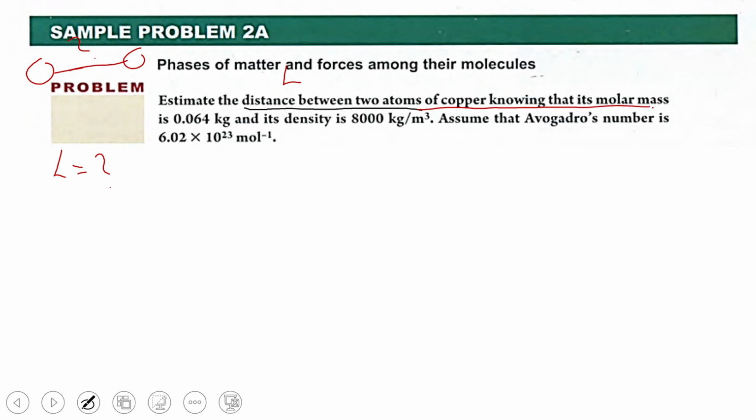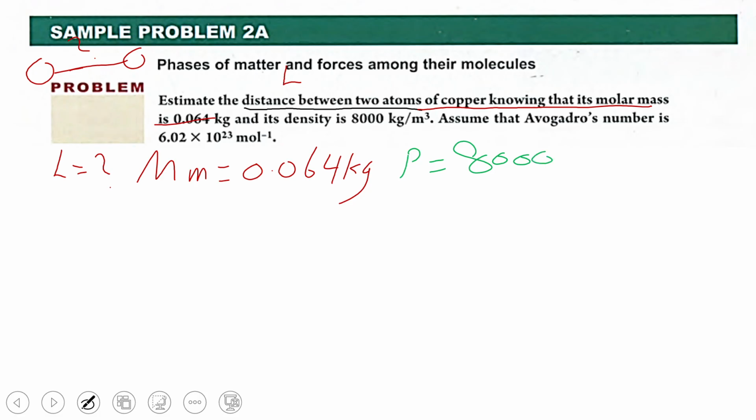Its molar mass M is 0.064 kilogram, and the density rho is 8,000 kilogram per meter cube. And the Avogadro number is also given.